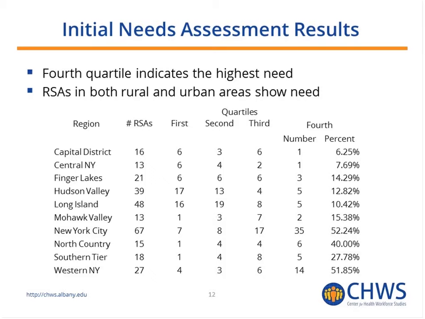Though if you add the third and fourth quartiles together, you start getting, especially in the rural areas, a lot higher percentages. So this is an area where you can play with how you want to define need and determine whether you want to stay with a fourth quartile, break it into quintiles or something else, or combine the quartiles to identify higher needs.